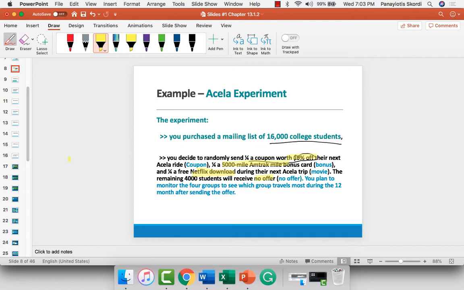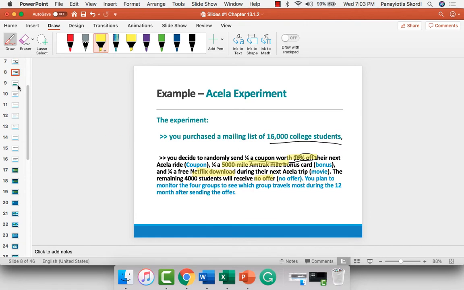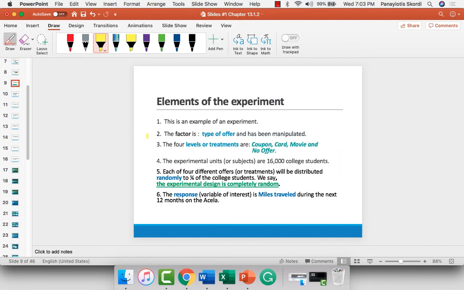The experimental units are what we're experimenting on, and we're experimenting on the 16,000 students. And what response are we actually going to record? The response we're going to record is the miles traveled. That's what we want to look at. So what I just said is all mentioned here.